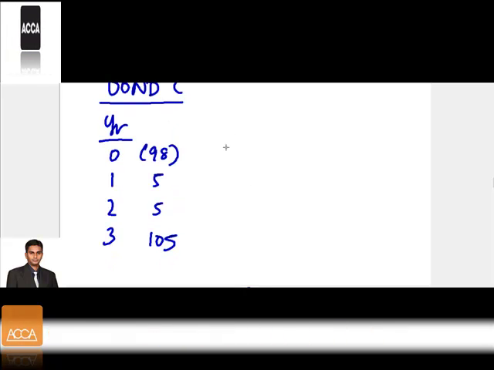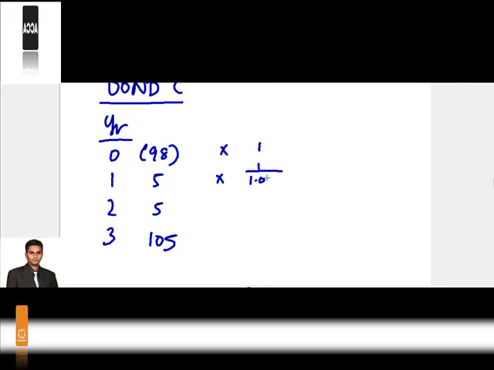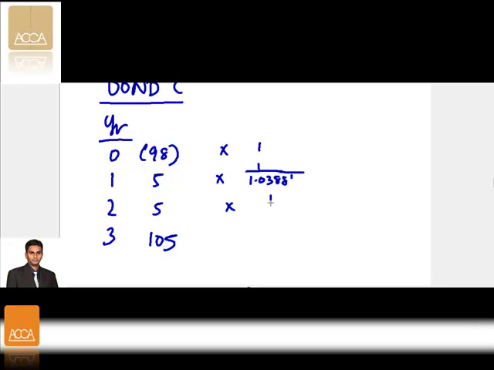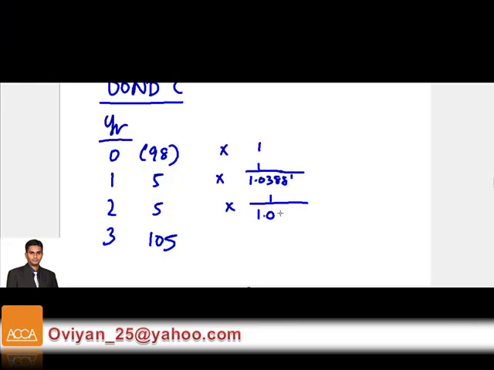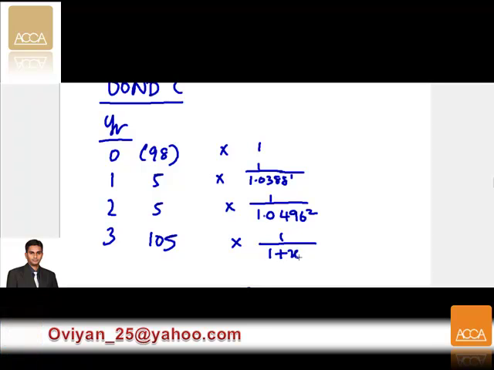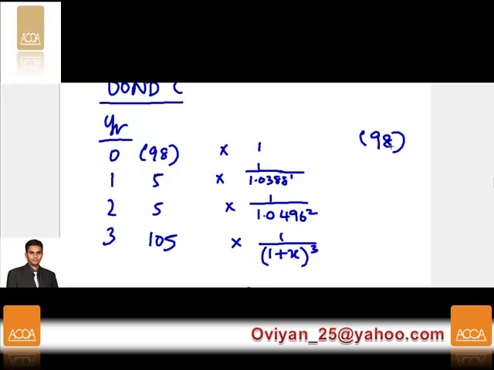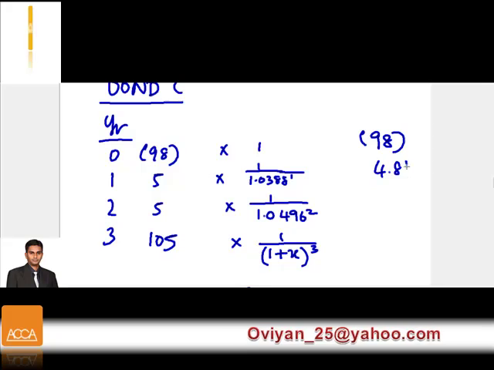So for the yield to maturity, this one is 5 divided by 1.0388 to the power of 1, 5 divided by 1.0496 to the power of 2, and 105 divided by 1 plus x to the power of 3. So this is going to give you a total of 98. The first is 4.81.